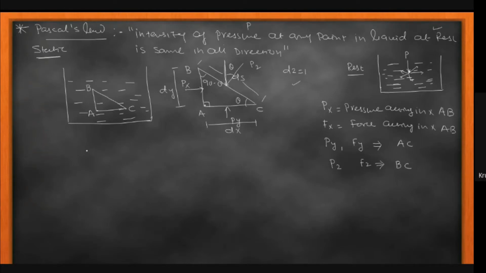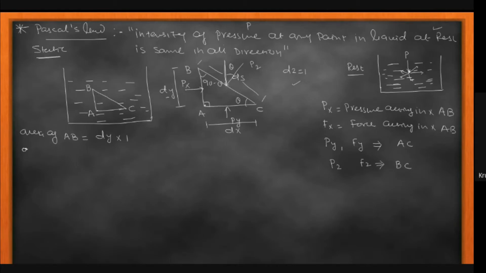We have to go for the balance conditions, but before the balance conditions I want to calculate the area of different surfaces so that it is very easy to understand. So I'm going to consider the area of the AB face. What will be the AB face area? This AB face is dy, and the perpendicular dimension is 1. So we get dy into 1 because dz is 1.